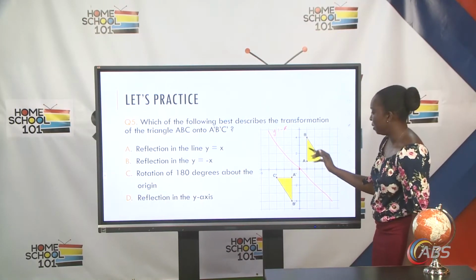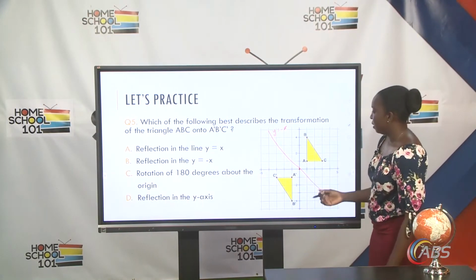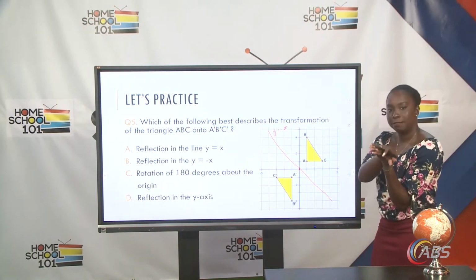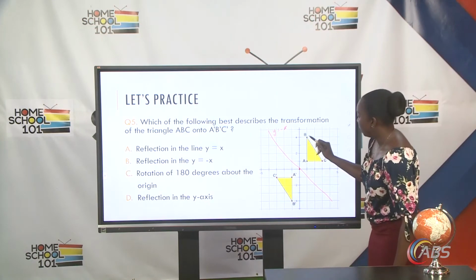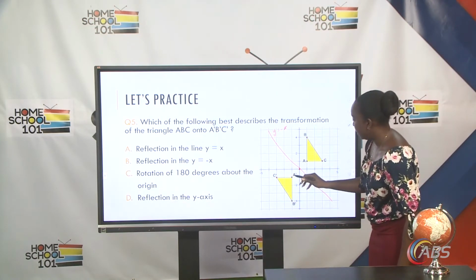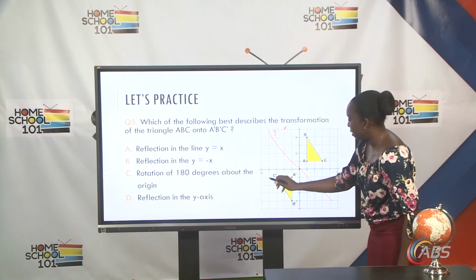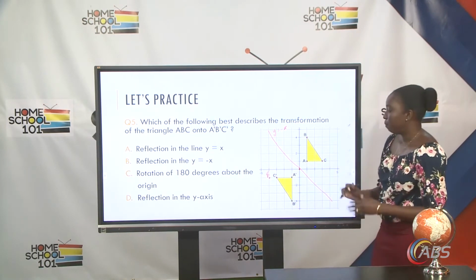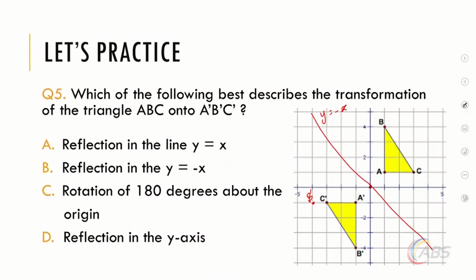So B prime, if we were to flip it, or in the case if you had paper and you folded it over, what would that reflection look like? So based on where B is, this is telling me that it would actually be here. And so without even plotting C prime, we already know that it's not a reflection in that line.